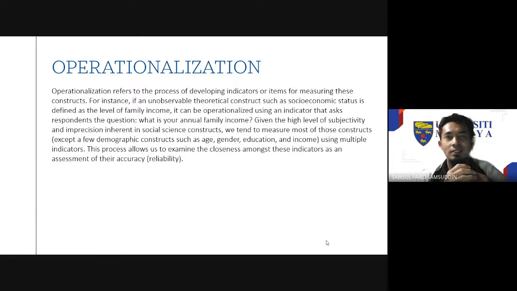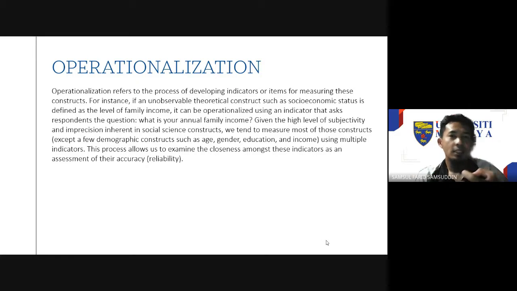Actually, it is not definitions, but it is more on what indicators we want to use to describe our variable. For example, we have several variables, so how do we want to describe these variables in terms of indicators or items that can easily be understood in terms of measurement.